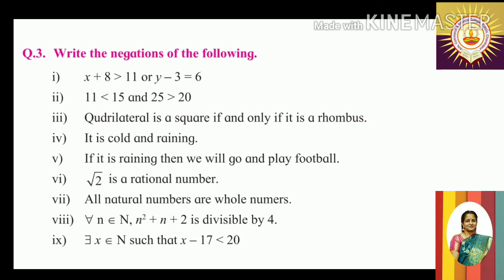So here three statements are there: it is raining, we will go, and next is we play football. So P conditional bracket Q and R. This is the symbolic form of your example. Now convert its negation and write down the negation of the given statement.